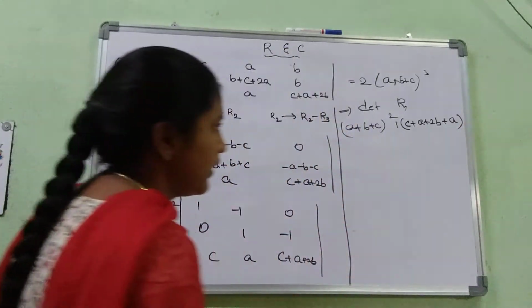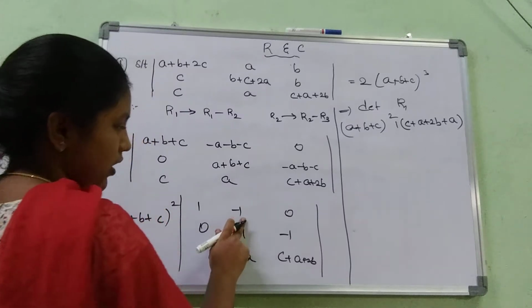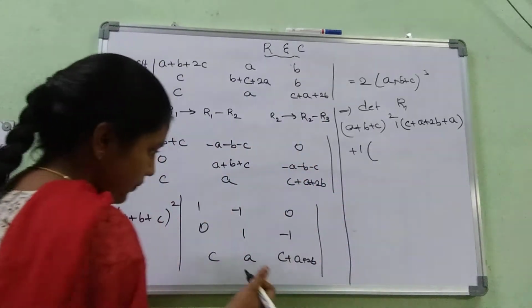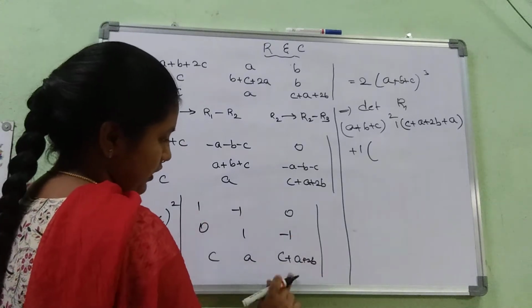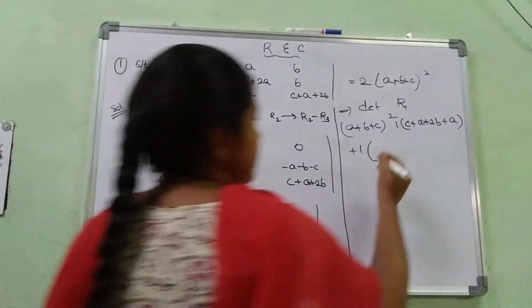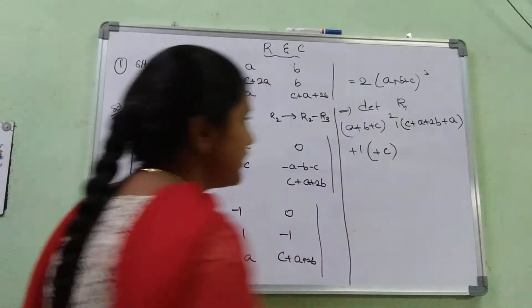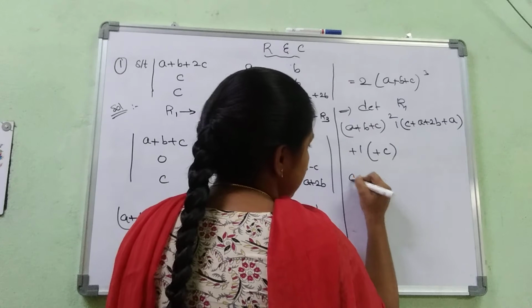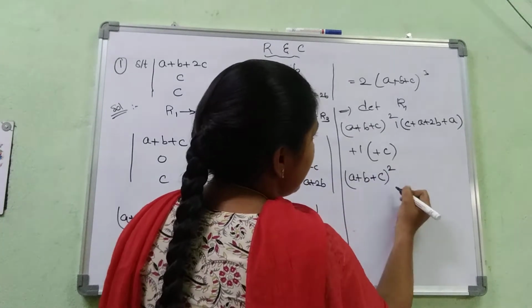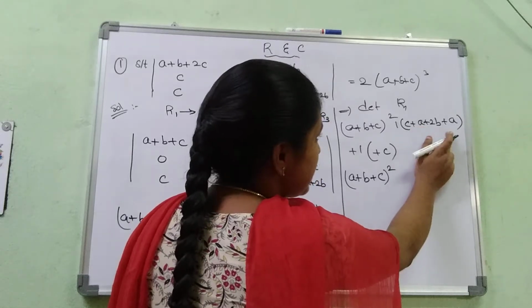And now minus into minus 1 we will get plus 1 into, just delete that respective row and column, then we'll get this 0. Therefore minus into minus plus c. So now a plus b plus c whole square into c plus a plus 2b plus a plus c.